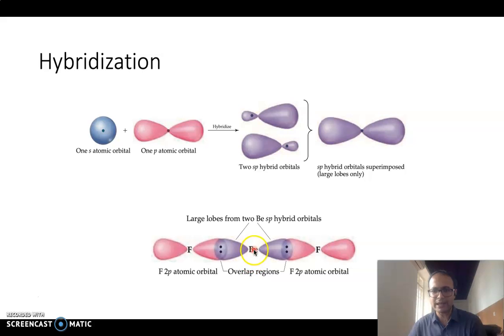Now beryllium has two sp hybrid orbitals. Each hybrid orbital contains a single electron, and the fluorine will interact with its 2p orbital. The singly filled electrons will pair up, leading to the formation of chemical bonding.